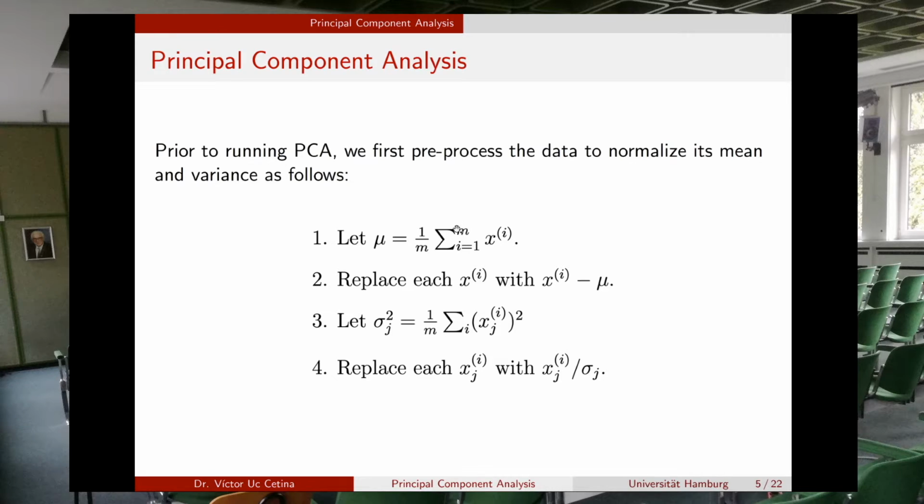What you need to do is, if you have m points, you just compute the sum of these m points or vectors in some dimension, and you divide the result of the sum by m. So it's basically you compute a mean vector. This mean vector in each of its components will have the mean corresponding to each of the dimensions of the vector.